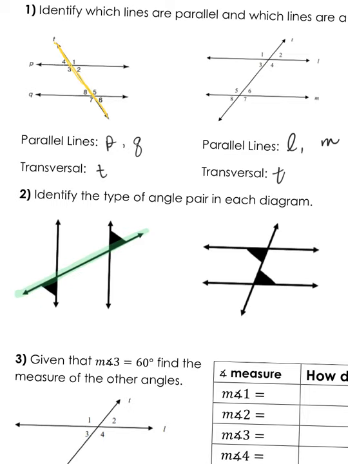These angles are on opposite sides of my transversal, and they're also in the exterior. So this would be the interior of my two parallel lines. So if I have angles on opposite sides in the exterior, these are alternate exterior angles.